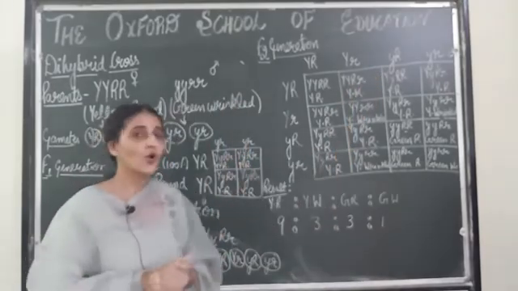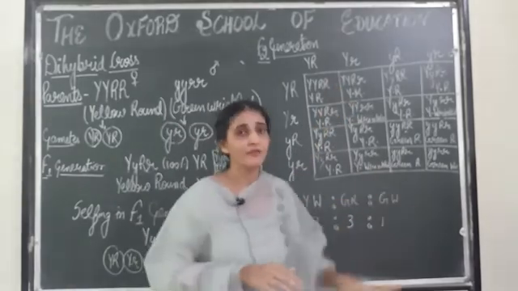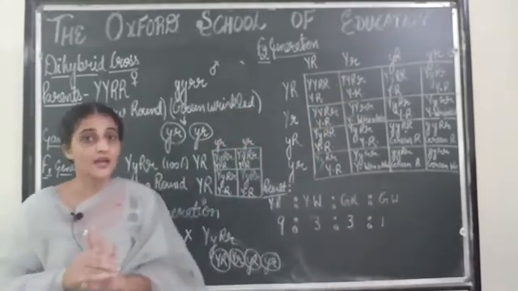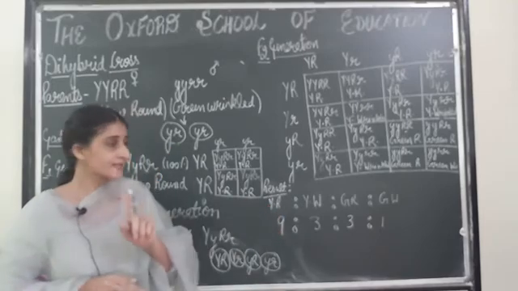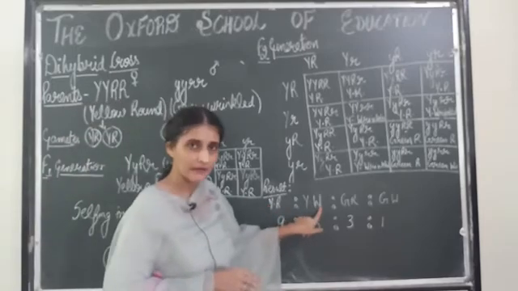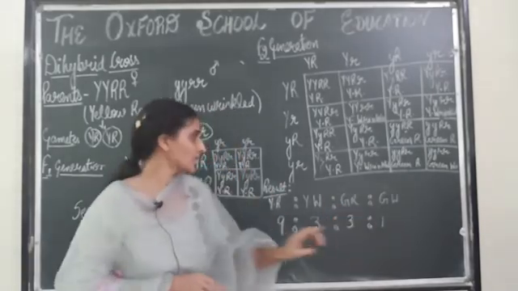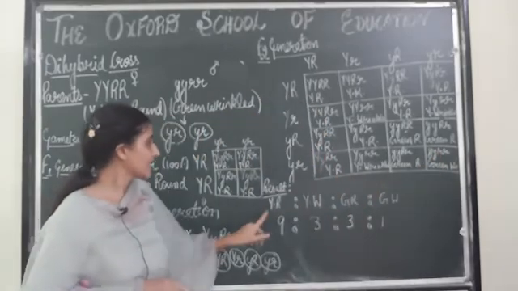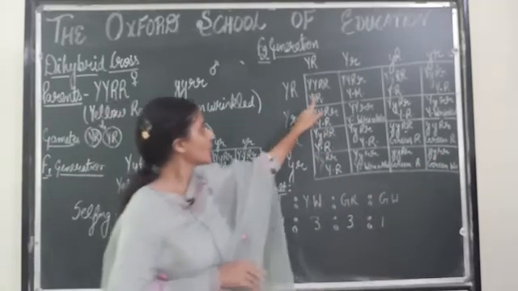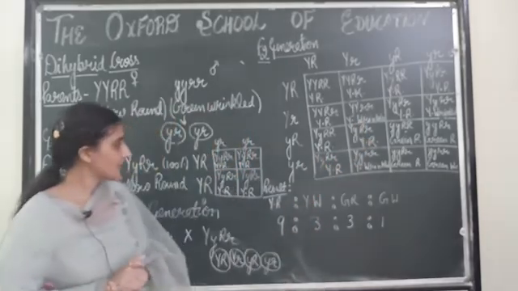So let's take a look at the result. In this case, you may see 4 types of plants are produced. One with yellow round, second with yellow wrinkled, third with green round, and fourth with green wrinkled. So let's see the ratio. In case of yellow round, you may find there are 9 possibilities.